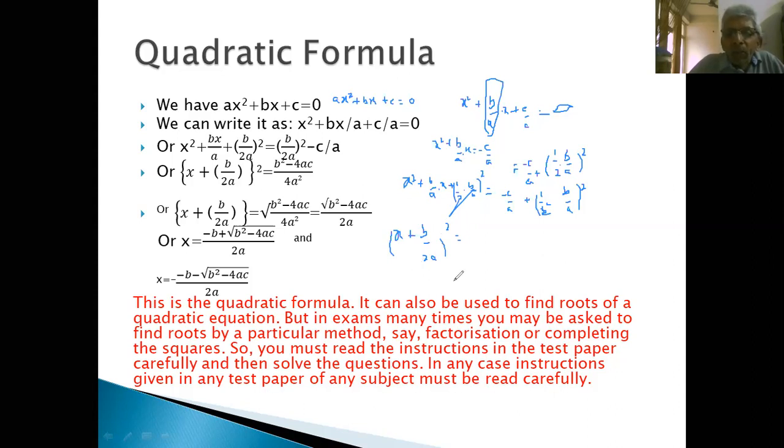The 2 cancels out. On the right hand side we get minus c by a plus b square divided by 4a square.